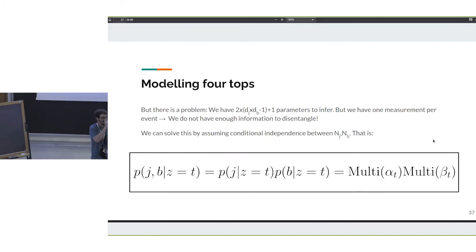What I'm saying is that for a given process, the probability of measuring a certain number of light jets and the probability of measuring a certain number of B jets are independent.